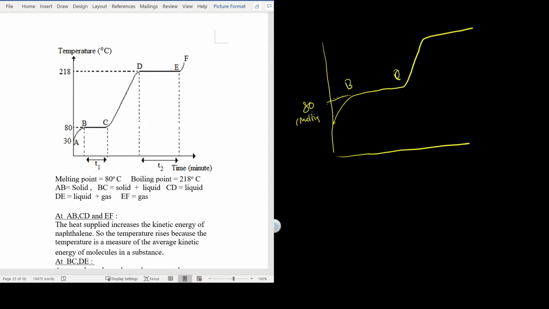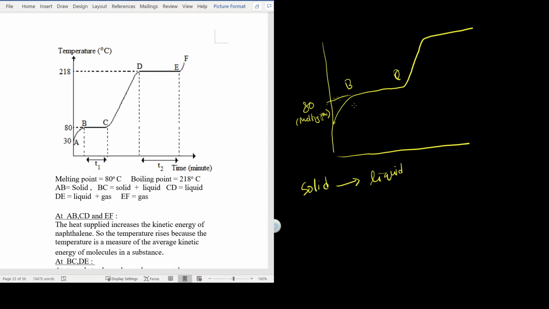The melting point is where the substance changes from solid into liquid.